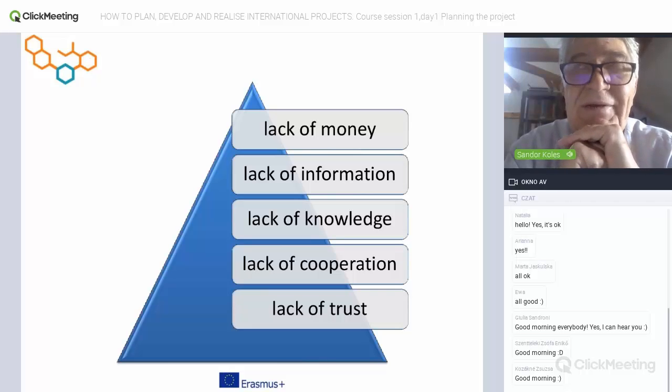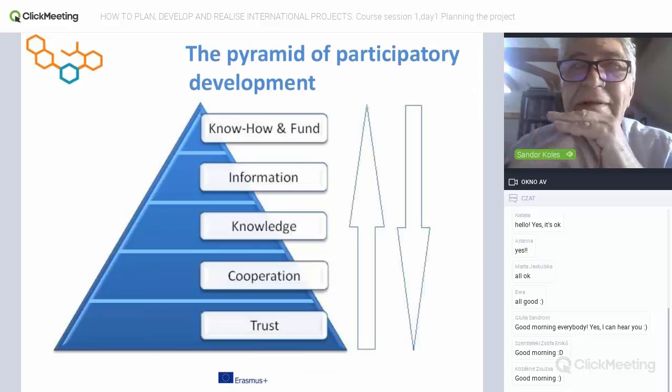Let's go to the next slide, where you can see two arrows on the left and right side of the PowerPoint presentation. It's about the structure of these things. Of course, you can start the development by getting funding, but the funding and the money by themselves don't build confidence.